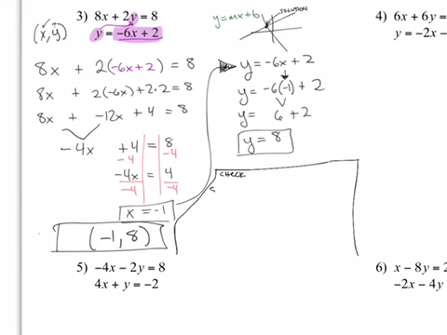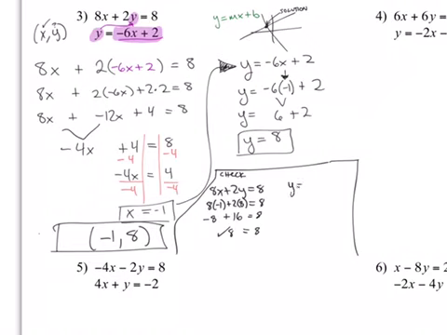What we found is that if you take the top equation, 8x plus 2y equals 8, and you substitute in this ordered pair, negative 1 for x and 8 for y, then on the left-hand side you get 8 times negative 1, which is negative 8, plus 2 times 8, which is 16, equals 8. So the left becomes 8, and the right becomes 8. So the top equation is solved by this ordered pair here.